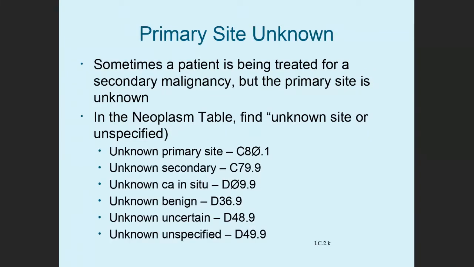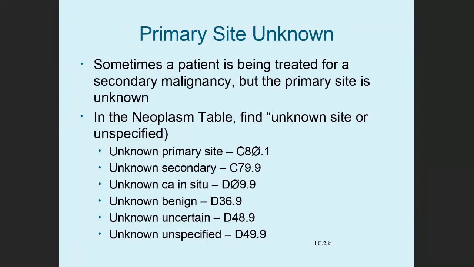Primary site unknown. This is a very common mistake that a student will forget to do the unknown primary or secondary site. The neoplasm table includes an entry for unknown site or unspecified site. This is in the table. The patient being seen for a secondary site is noted, there's a primary site, but the primary site is not listed.